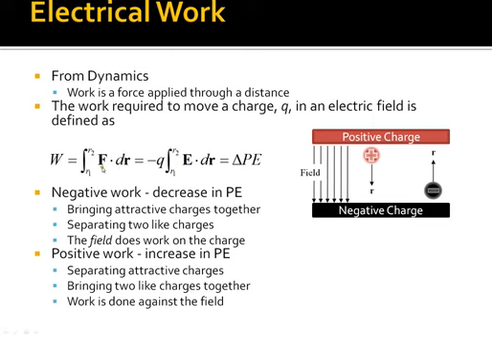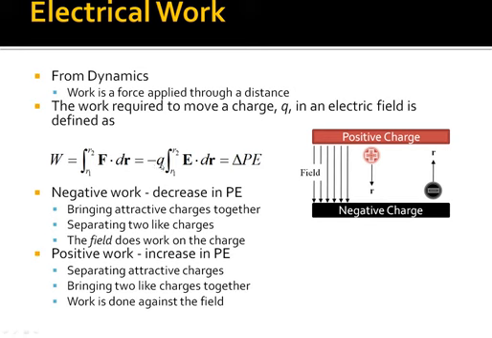We can replace this force with the definition of the electric field: remember that the exerted force is the charge on the particle multiplied by the vector strength of the electric field.